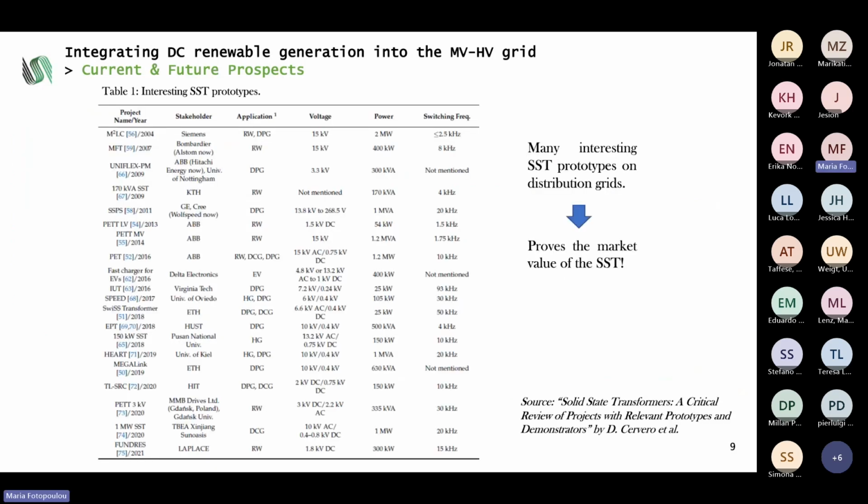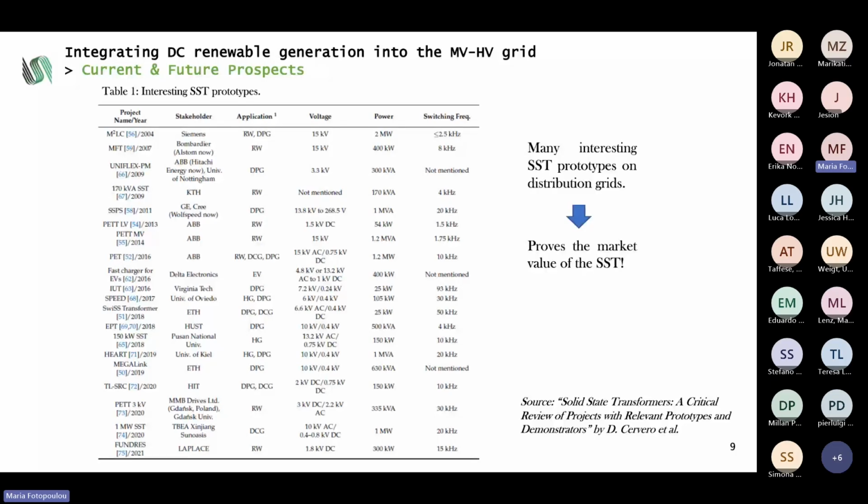And here I have a table from our joint publication with IRTE with some of the main interesting SST prototypes for this purpose. We see that there are plenty of them, which proves the market value of the SST. These are developed by researchers, by institutes, by the R&Ds of production companies, many industrial partners, and so on.